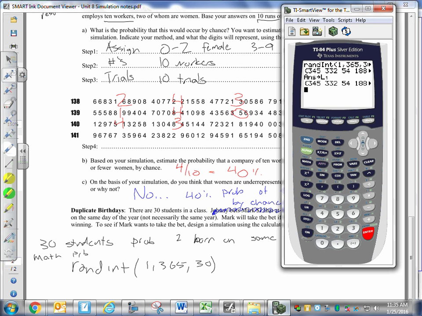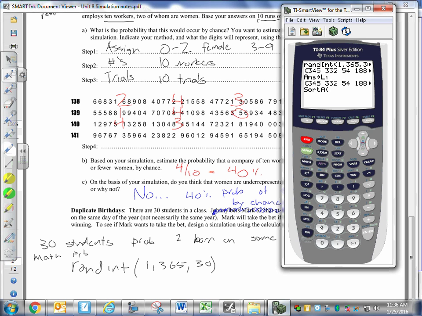Now, just reset the calculator. Okay, now go into stat. Go to sort A. You need 30 of these random digits. Okay, store in L1, stat, sort A, and you're going to do sort A, L1.